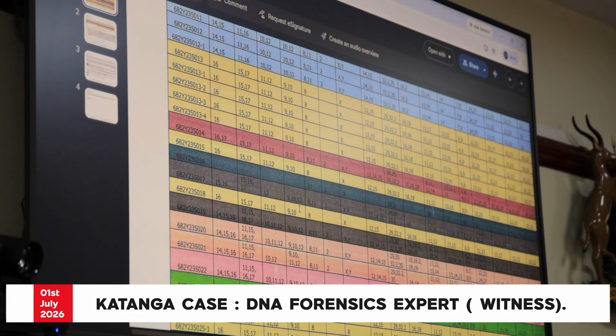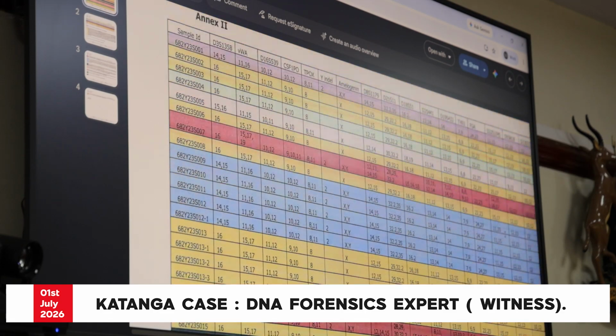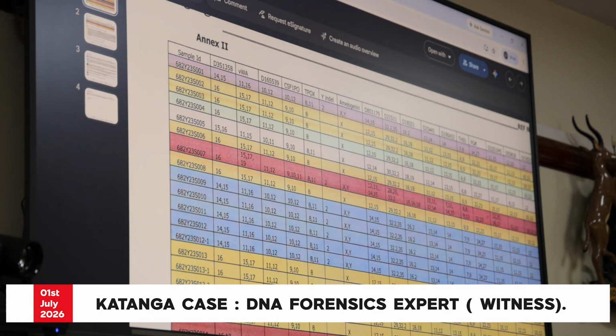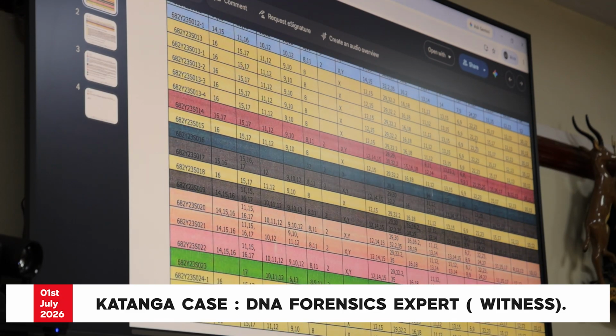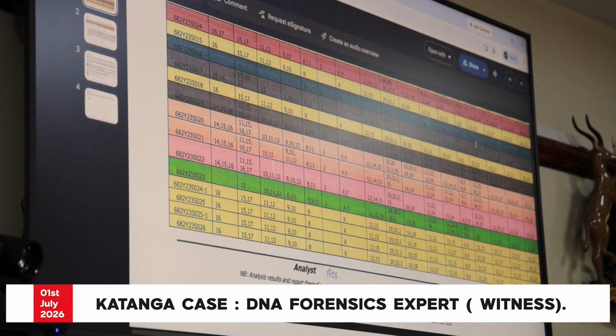Sample 17, FGA. There. Can everyone see? You can see a bit.